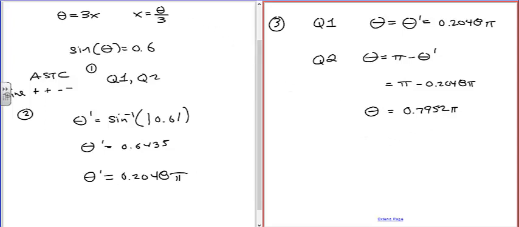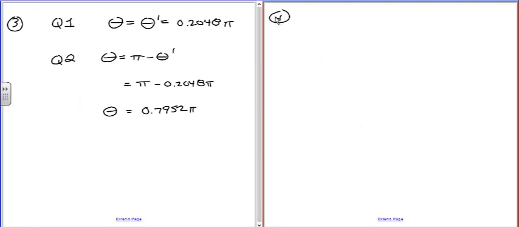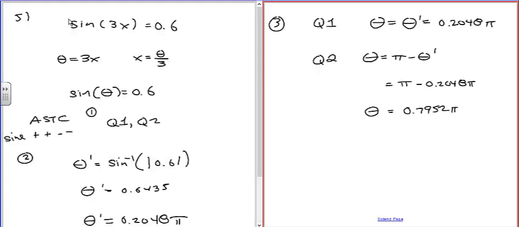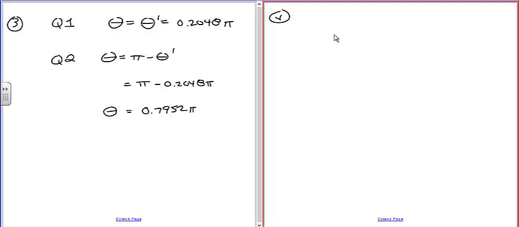Now, what we'll do is we're actually going to do it for all values of n, and then we'll choose n equals 0, 1, 2, and 3. And that's because we're going to have 3 times as much happening in a certain amount of space on the x-axis. So step 4 here is to actually say theta for all values of theta is going to be 0.2048 pi plus 2 pi n. But remember, x equals theta over 3, or theta equals 3x.